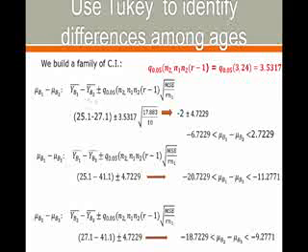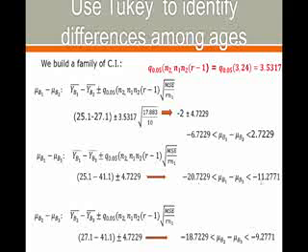We follow the same formula we had before, and we find the interval from -6.7 to 2.7. What does it mean? That means mu1 and mu2 are not significantly different because 0 is in the interval. Let's do it for mu B1 minus mu B3.